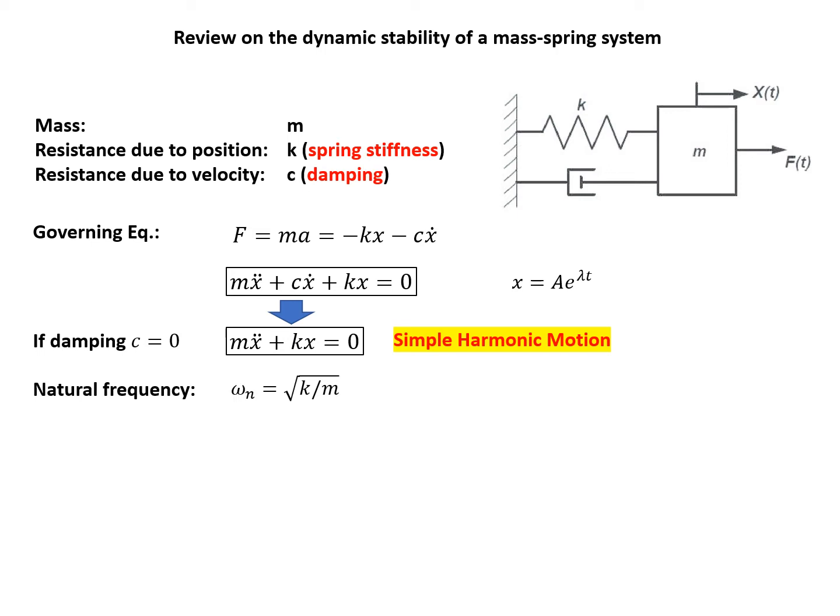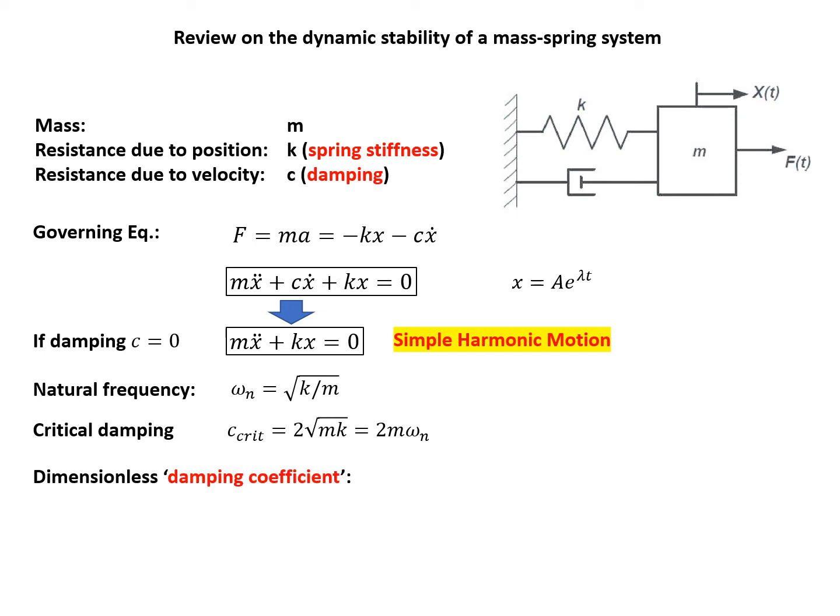Based on the simple harmonic motion, we can define the natural frequency, which is omega n equals square root of k divided by m. And then the critical damping, C critical, becomes twice m omega n.